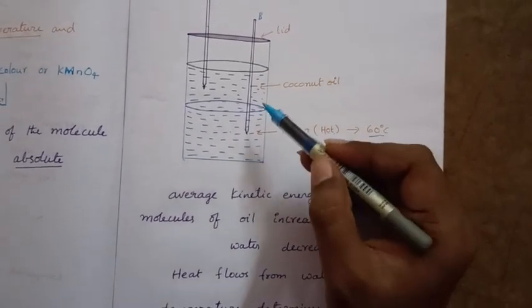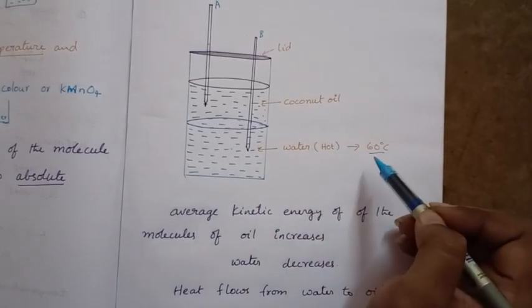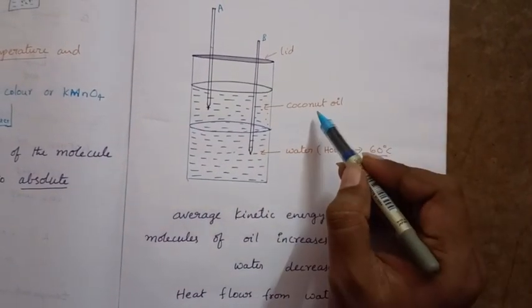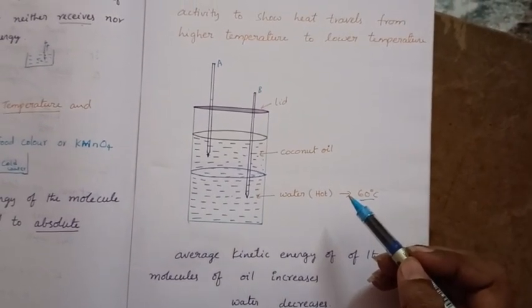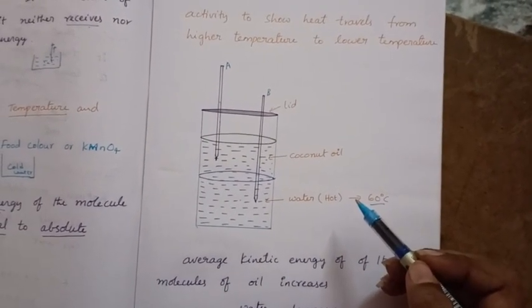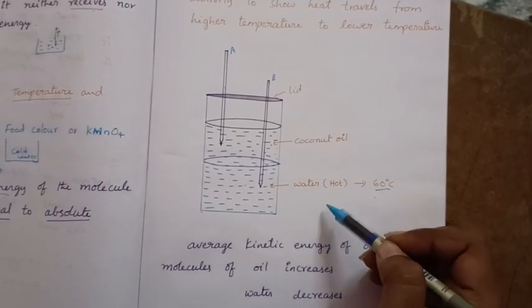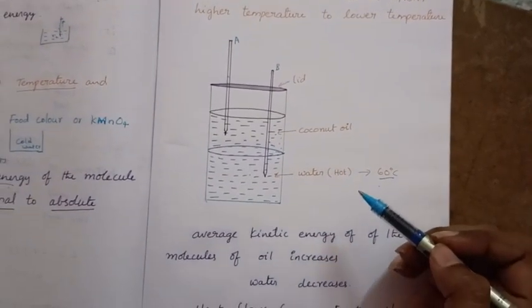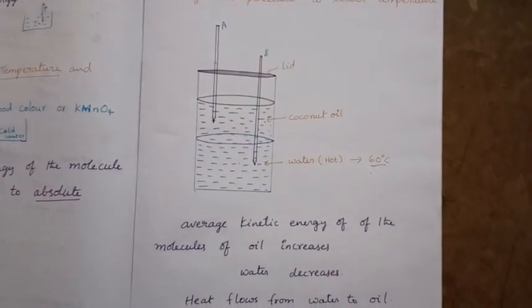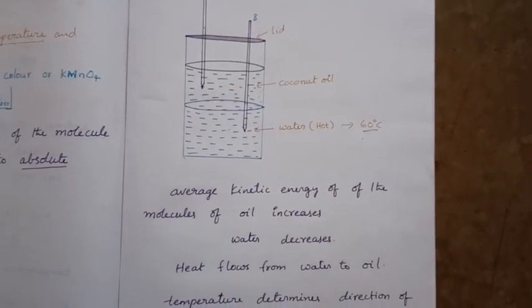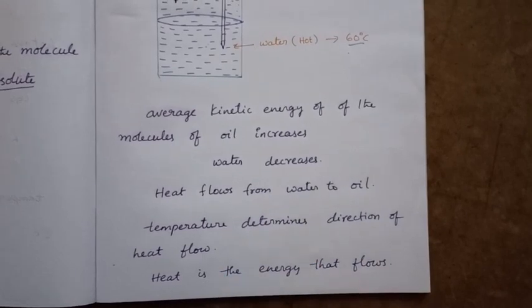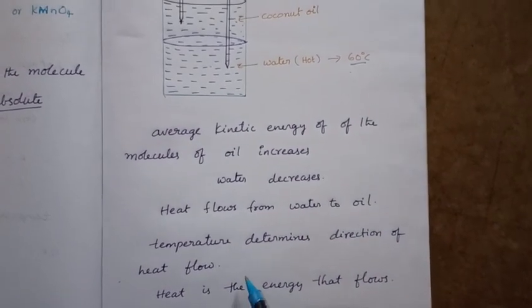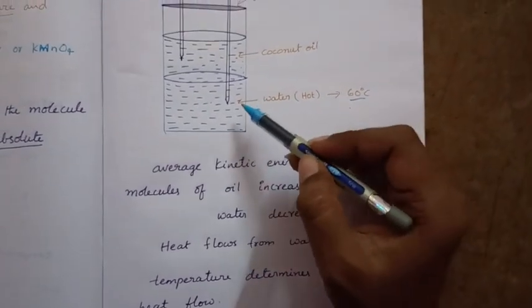So we can conclude that heat travels from higher temperature to lower temperature, from water to the coconut oil. From this we can say that temperature determines the direction of heat flow, meaning heat will travel in the direction of the lower temperature.